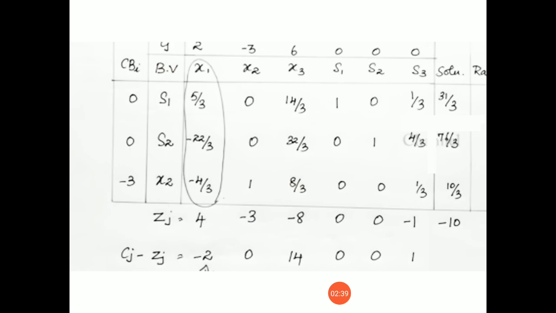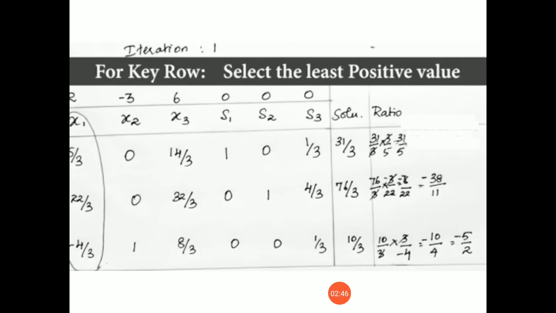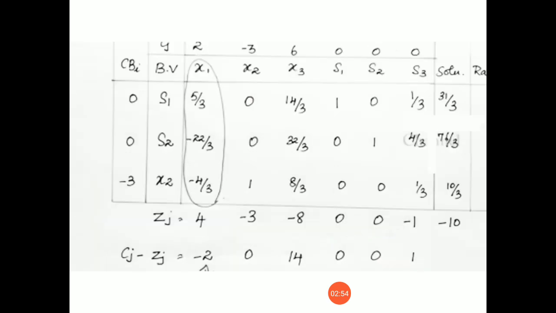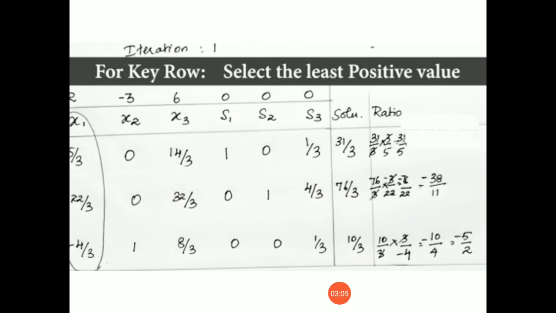So the first element of the ratio column is 31 by 3 divided by 5 by 3, and we will get 31 by 5. Now to find the second element of the ratio column, again solution element divided by key column element, that is 76 by 3 divided by minus 22 by 3, and we will get minus 38 by 11.